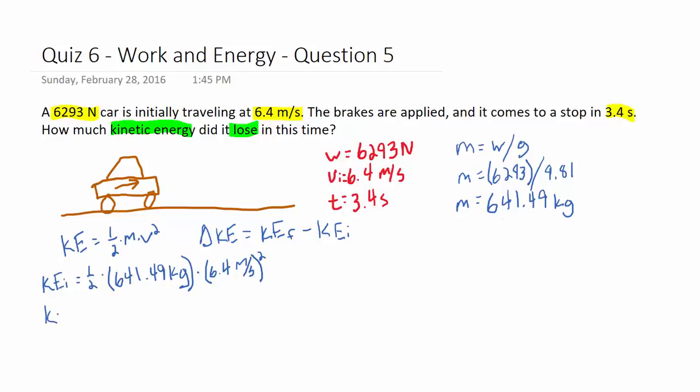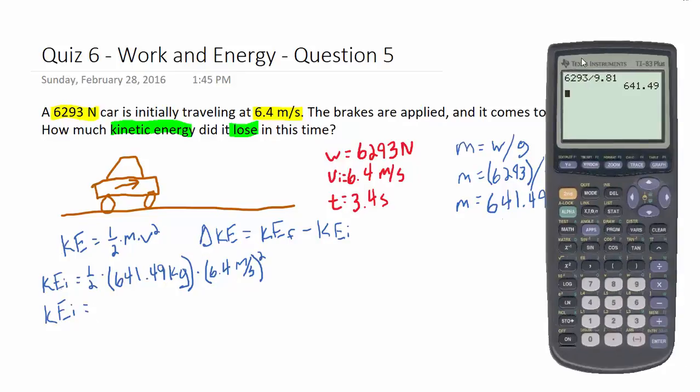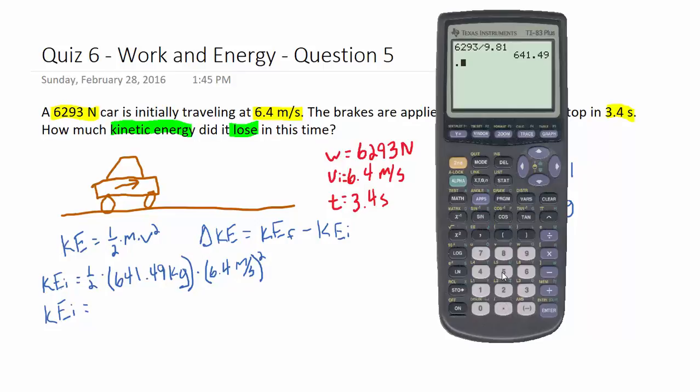So kinetic energy initial equals 0.5 times 641.49 times 6.4 squared. And this will give us 13,137.72 joules.